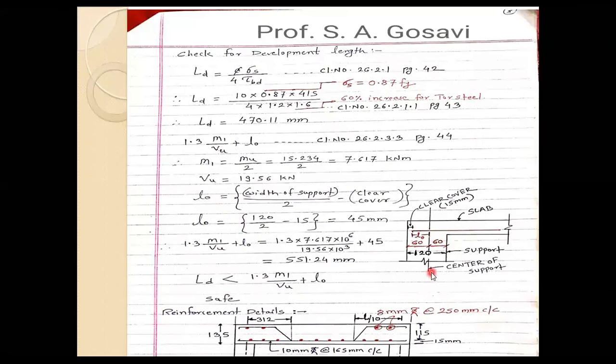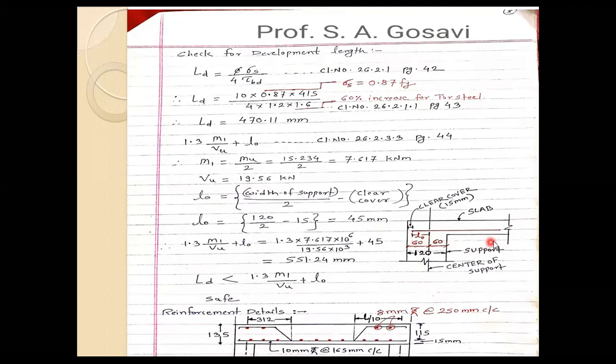Now the value of L0 I have shown here. This is your slab, and this is the width of support. You have assumed your support width as 120 mm initially. If I take the center line, then this is 60 and this is also 60.